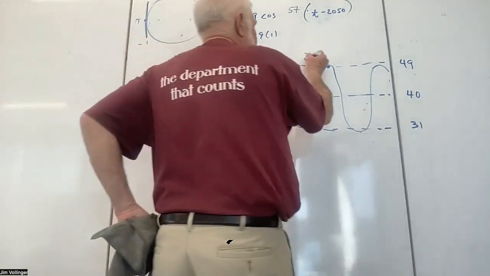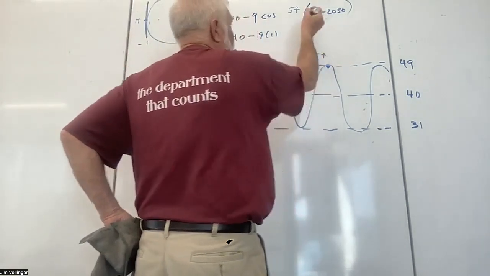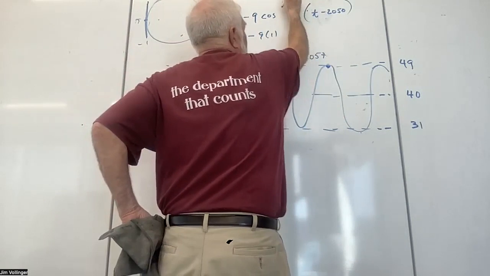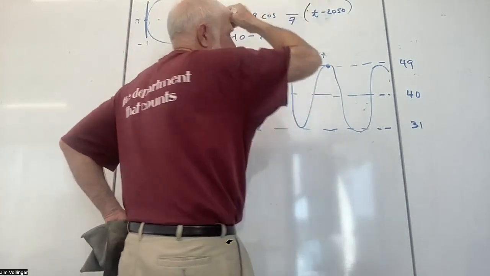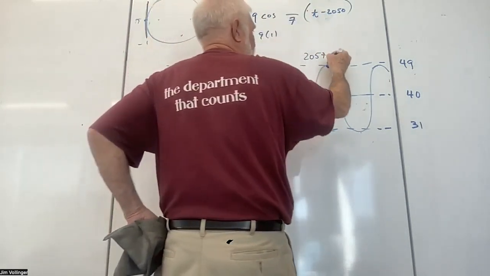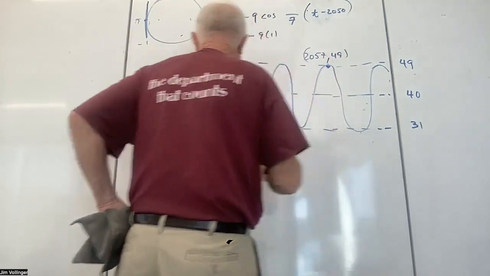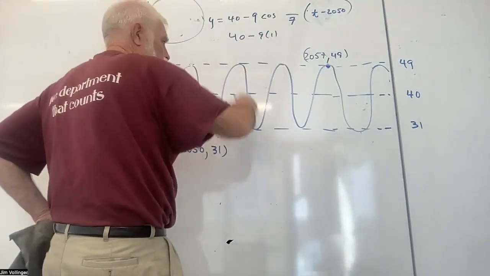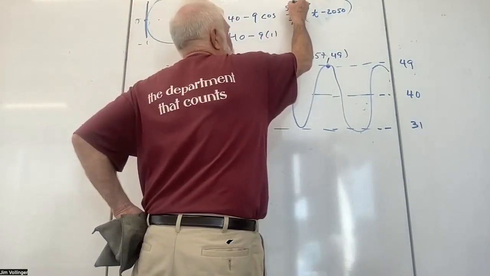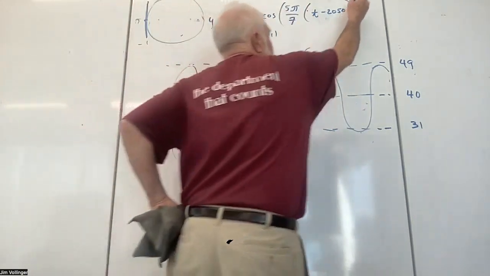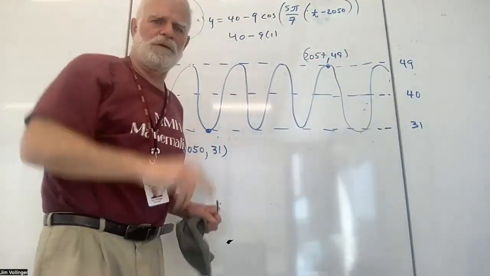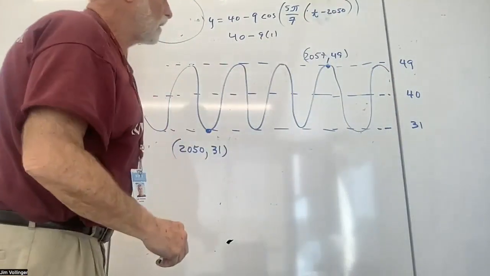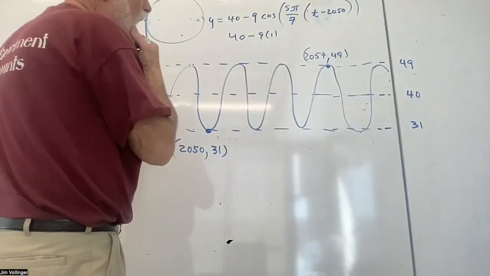I must have erased it. 2057. So I'm changing by 7 years, and back to 49. So what I counted to 5 pi, I think, right? 1, 2, 3, 4, 5 pi, which is 2.5 revolutions.